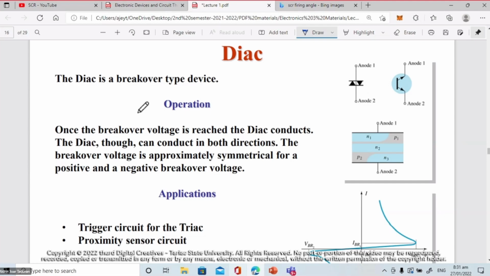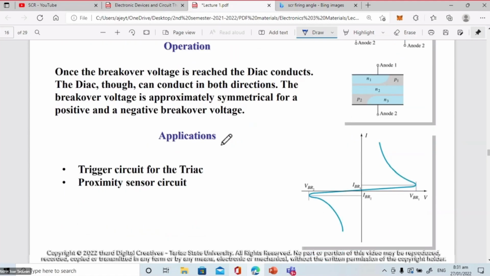Okay? So, breakover type, ibig sabihin ng breakover type, ito yung type ng devices na it's required to have a minimum voltage para magkaroon ng conduction. Okay? So, once it reaches, the diode conducts. The diode though can conduct in both directions niya. The breakover voltage is approximately symmetrical for the positive and negative breakover voltage. So, ayan.